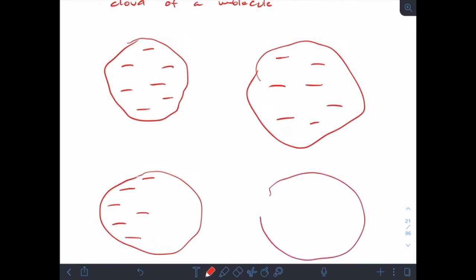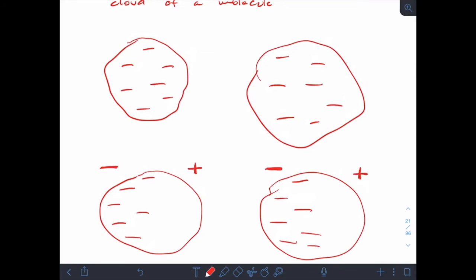And let's say the other electron cloud nearby also has most of its electrons all on one side. So what this does is just for a moment, I've got a negative side to my molecule and a positive side to my molecule because my electrons are negatively charged. So if they're all to the left, then I've got a negative charge on the left and a positive charge on the right. So let's say this molecule has the same scenario going on.